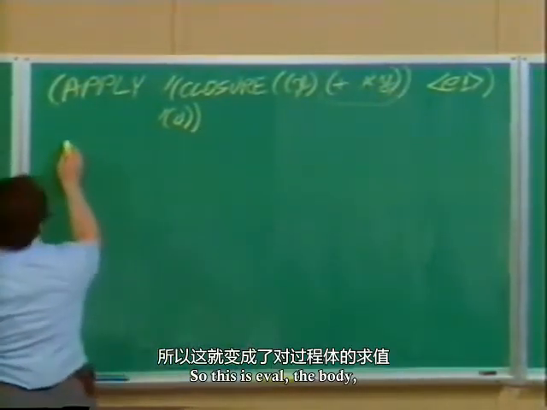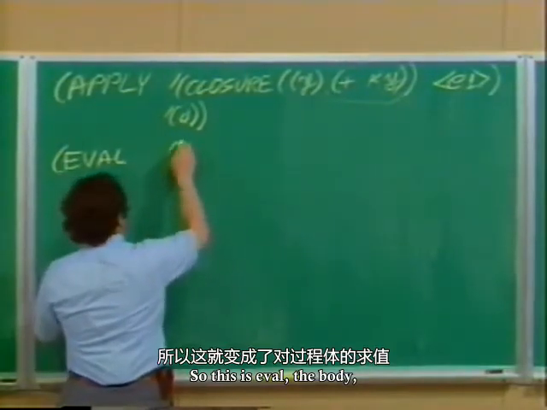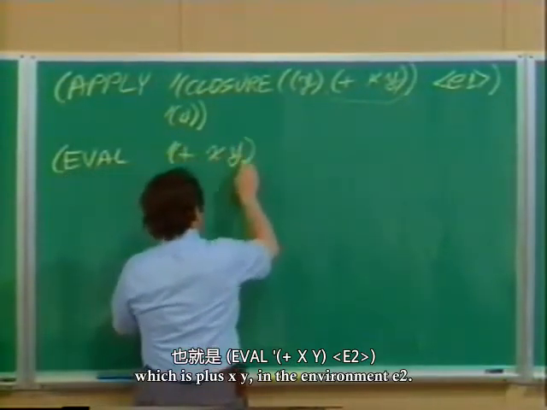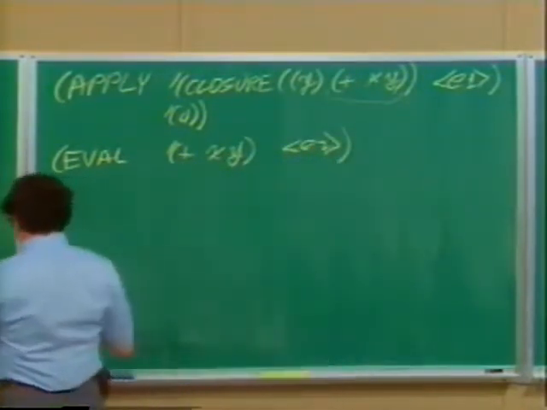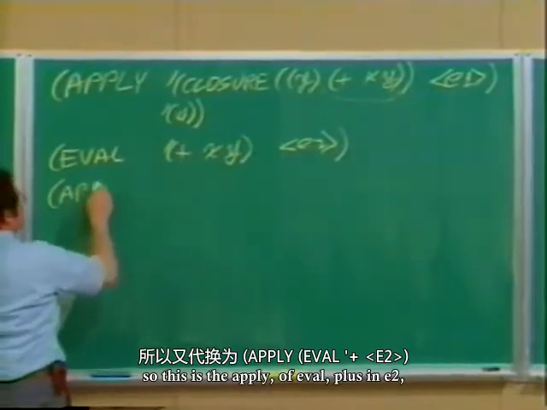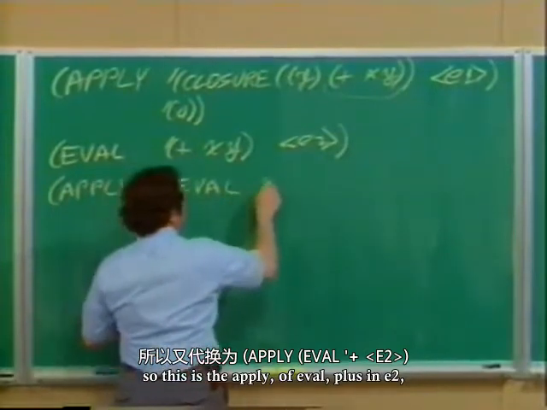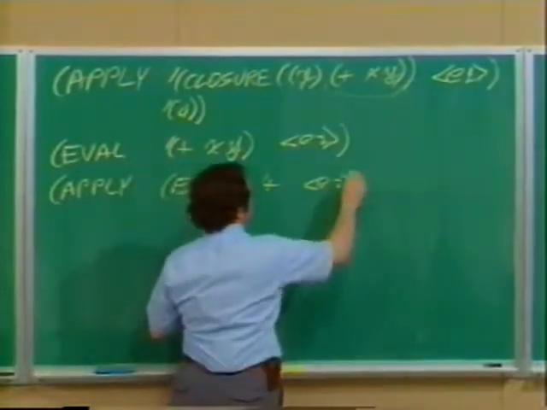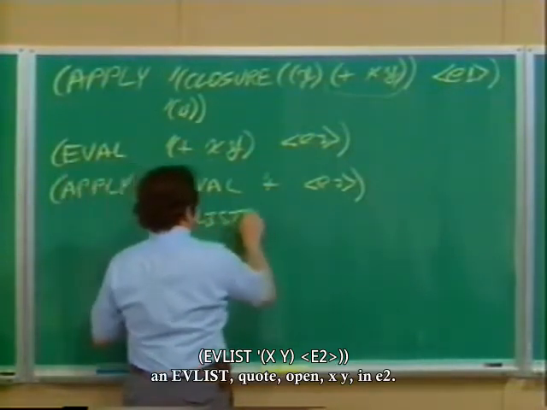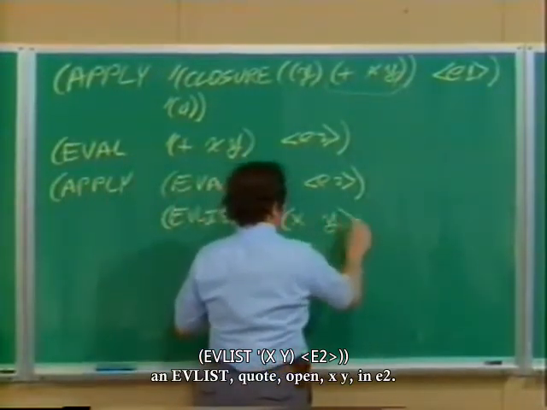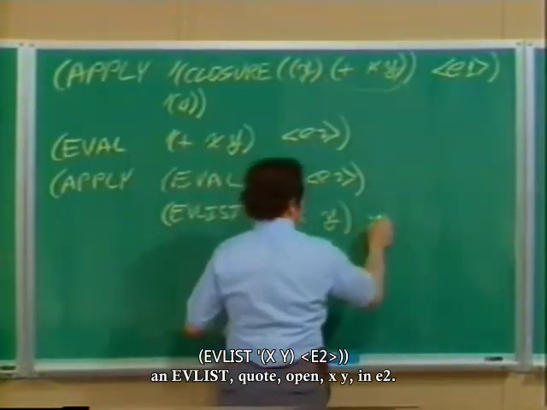So this is eval the body, which is plus xy, in the environment E2. Oh, but this is an application. So this is the apply of eval plus in E2 and evlist, quote, open x and y in E2.